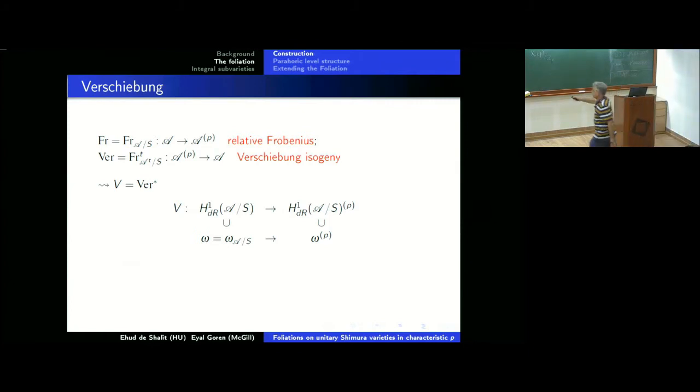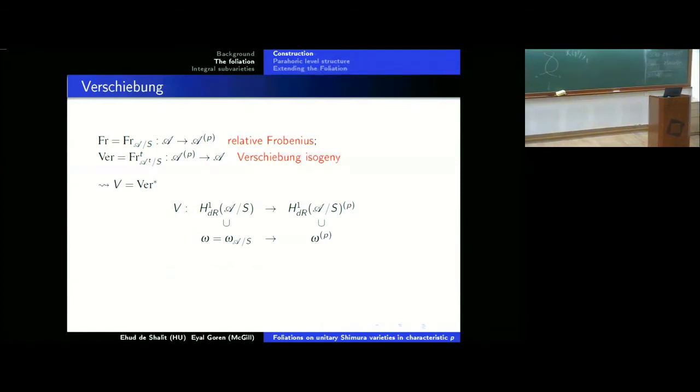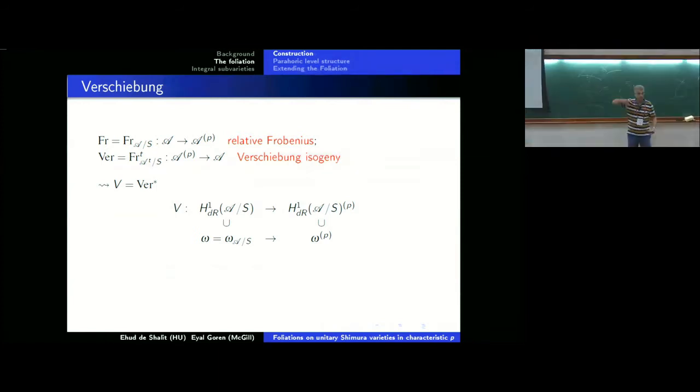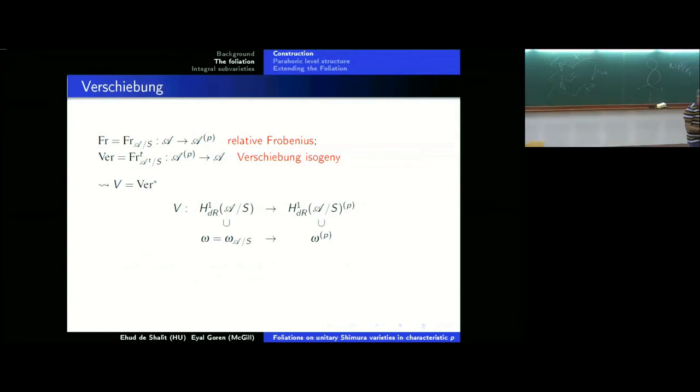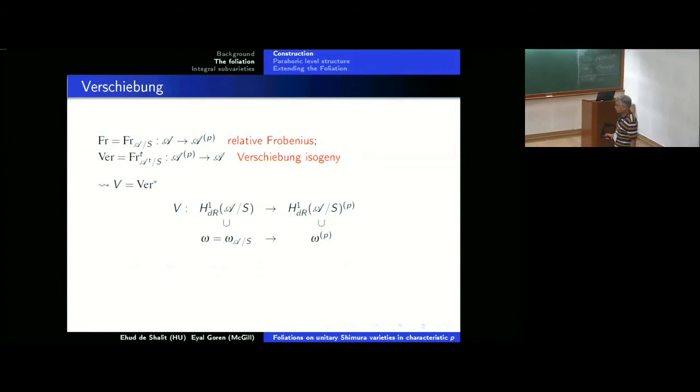Over this X lies an abelian scheme, and I consider the relative Frobenius of that abelian scheme relative to S. Since this is an abelian scheme, you can consider the Frobenius of the dual abelian scheme and its dual, and you get what's called a Verschiebung. They're both isogenies of this family of abelian varieties. And by functoriality, the Verschiebung induces a map by pullback that we call simply V.